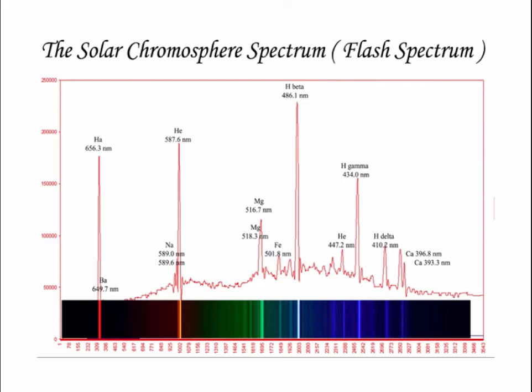So this is the solar chromosphere seen during an eclipse, and what we see are emission lines from hydrogen, from helium, from sodium, from magnesium, and from iron and calcium. There are actually many other lines in here. Much of this stuff that looks like a continuous spectrum is actually individual emission lines that are all running together.